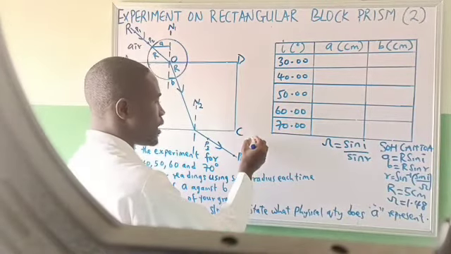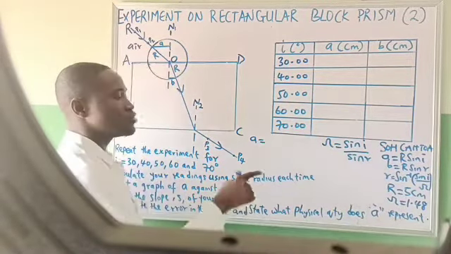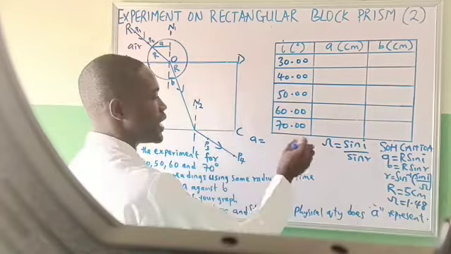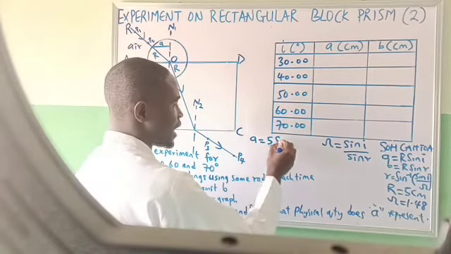now to get our A, we say R is 5 sine what?